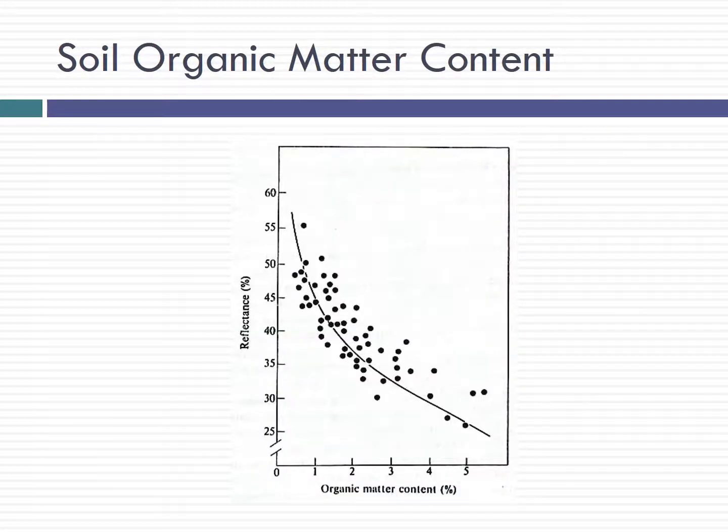Soil organic matter is another primary driver of color in soils, and what we're going to look at here is how the reflectance changes relative to increases in organic matter. As the soil organic matter content goes up by a percentage or more, the percent reflectance drops.